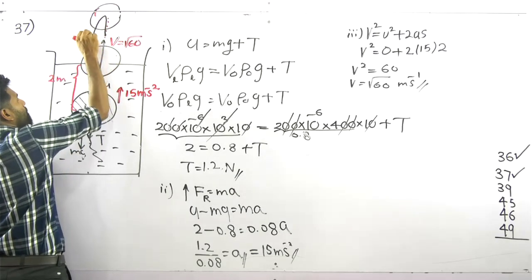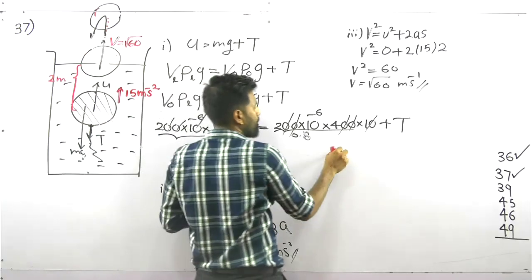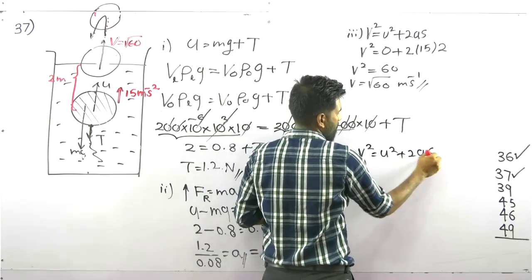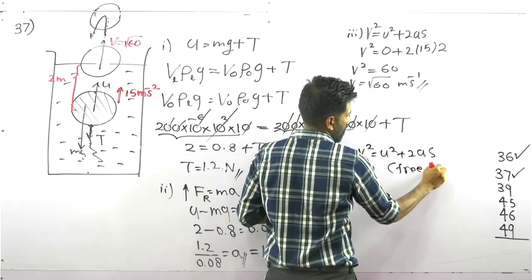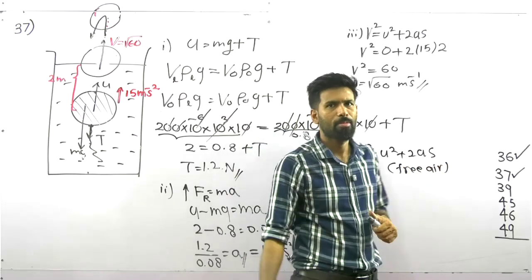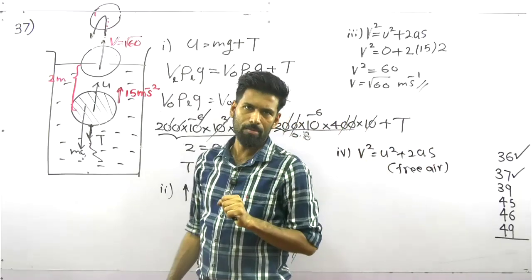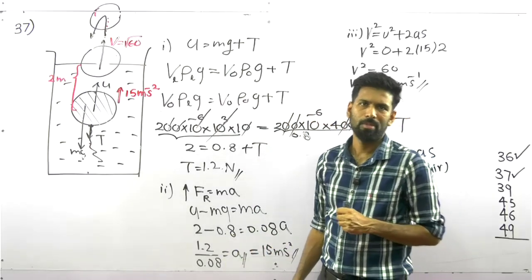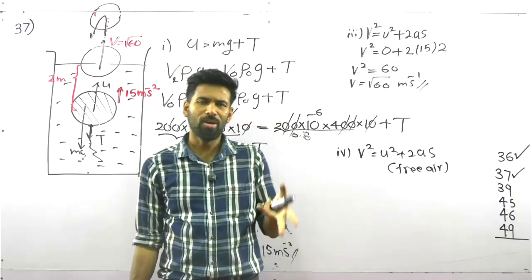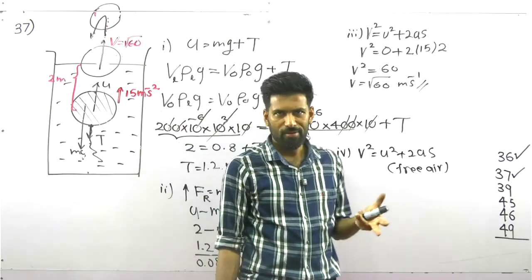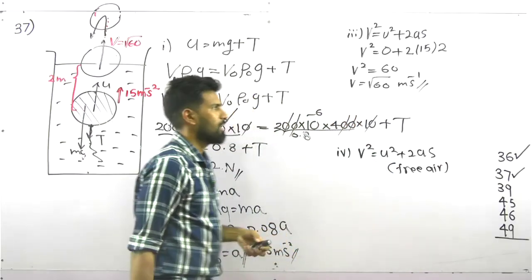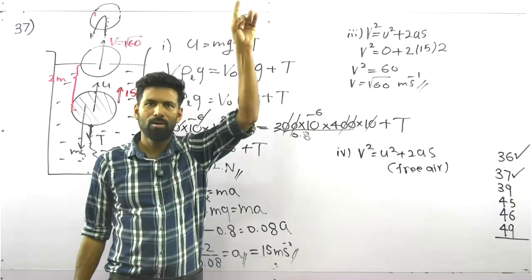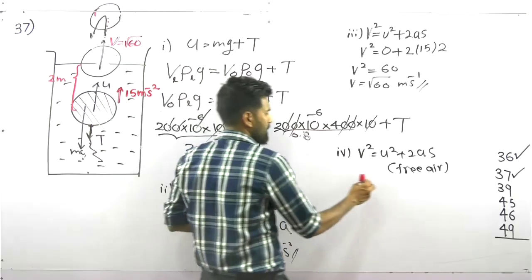From there you can apply V square equal to U square plus 2as again, but it's in the free air, so it's just a question of motion under gravity. The starting velocity to move up is root 60, so V square will be 60 here.